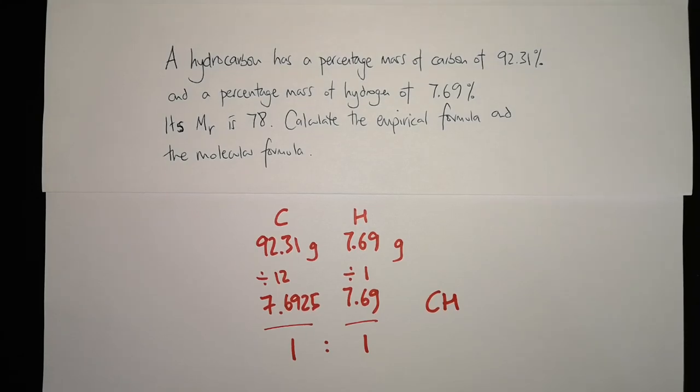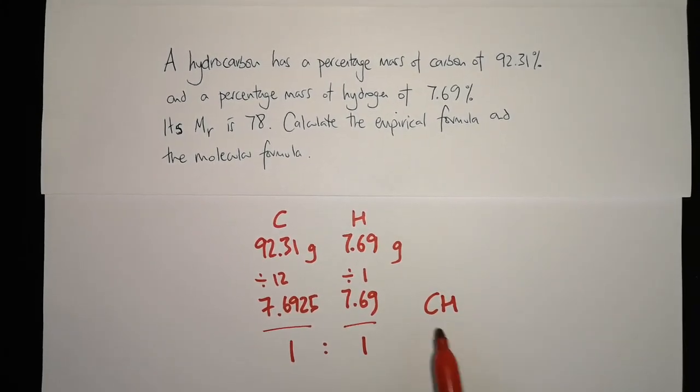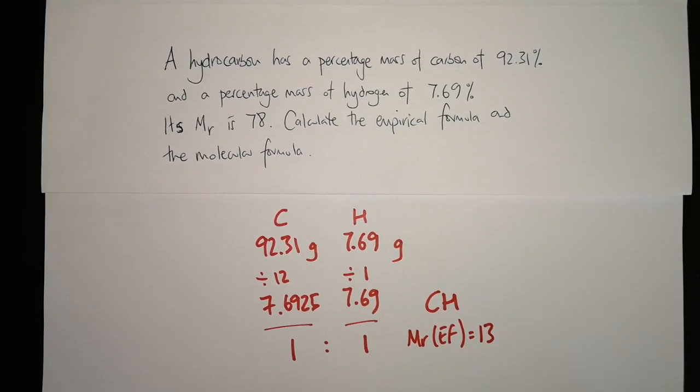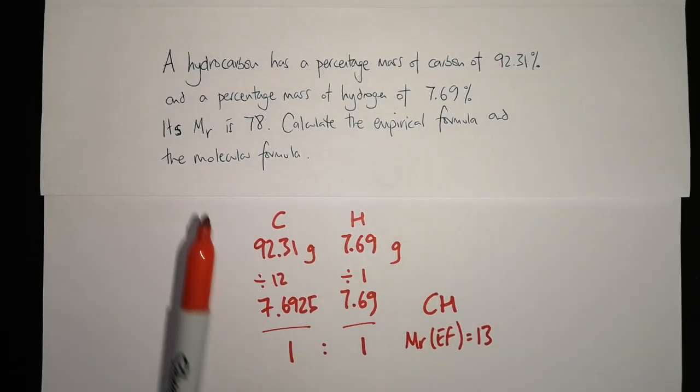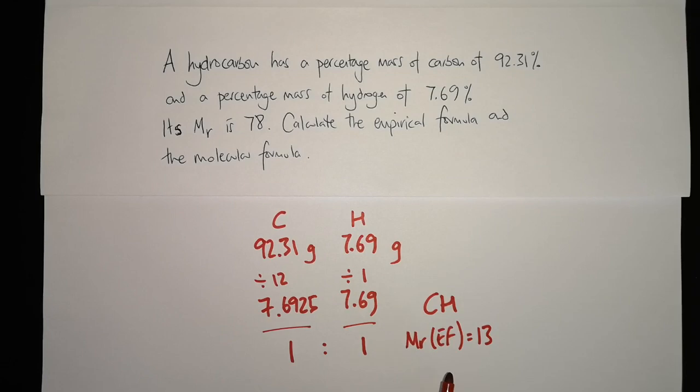So now it comes to the molecular formula. Well, the Mr of a carbon and a hydrogen put together, so the Mr of the empirical formula, is 13. But I know that the molecular formula has an Mr of 78. So what I need to do is work out how many times the empirical formula goes into the molecular formula.